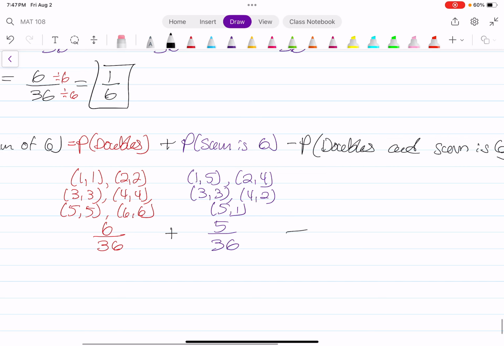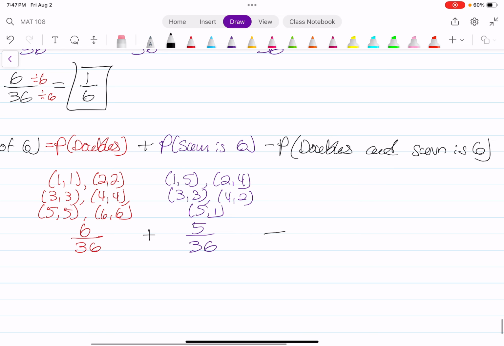Now, when it comes to doubles and the sum of 6, that is only one possible outcome, which is 3, 3. Because if you notice, 3, 3 is the only outcome that is part of both probabilities. So you have to avoid double counting in this situation. So that's going to be minus 1 outcome that is counted twice out of 36 possible outcomes.